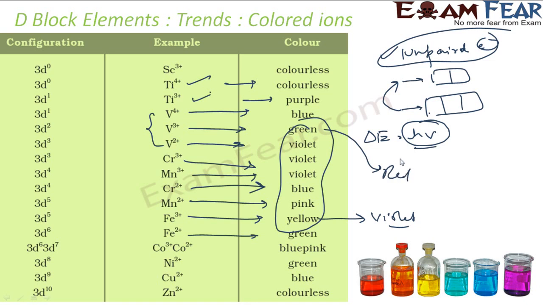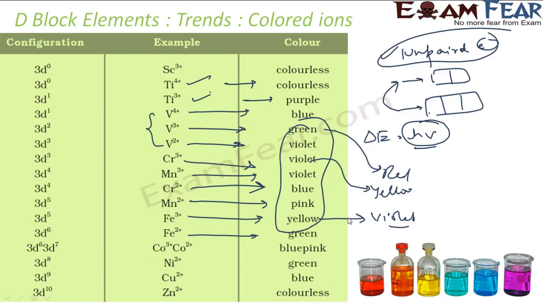For yellow, the color absorbed is violet. And for violet, the color absorbed is red. Because yellow and violet are complementary. Green and red are complementary, right? So if there is a red, the color absorbed is green. If the iron looks green, the color absorbed is red. So the complementary color is what you actually see.